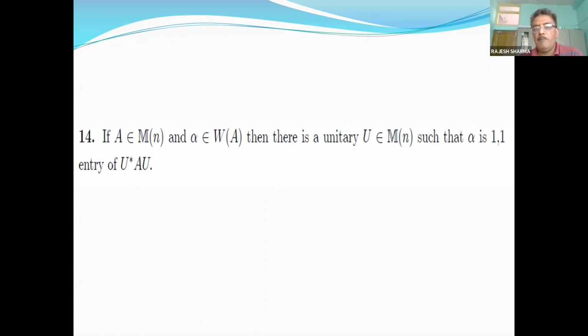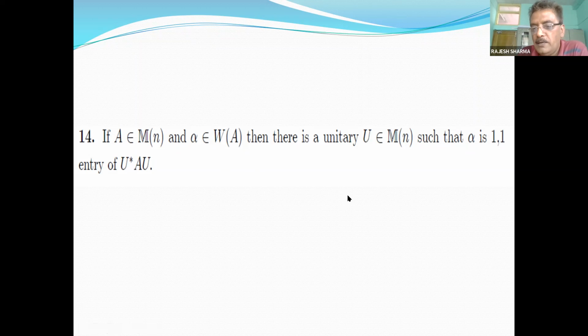Yes, if A belonging to Mn and alpha belonging to the numerical range, any point, then there is a unitary matrix U such that alpha is the 1-1 entry of U star AU.